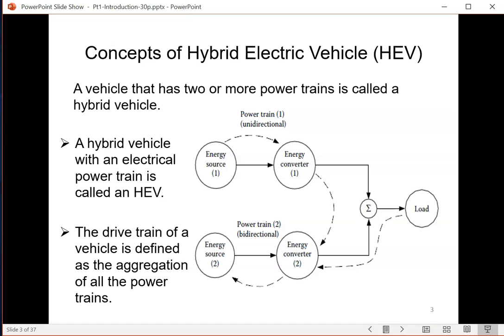But on the other hand, electrical power can be bidirectional, meaning you can supply energy to the vehicle, but also under some conditions, the energy flow can be reversed, meaning the mechanical power can be converted back into electrical power and then stored in some form, for example, in a battery.